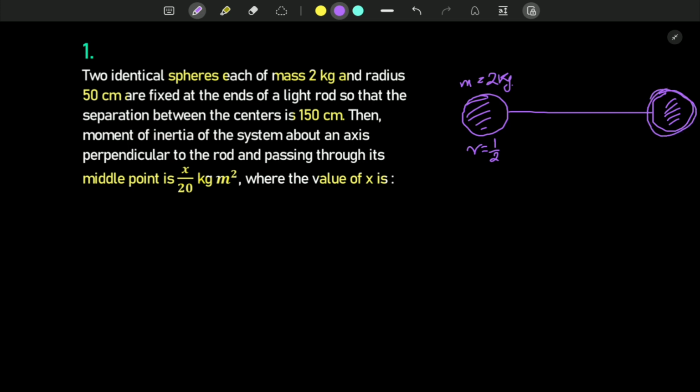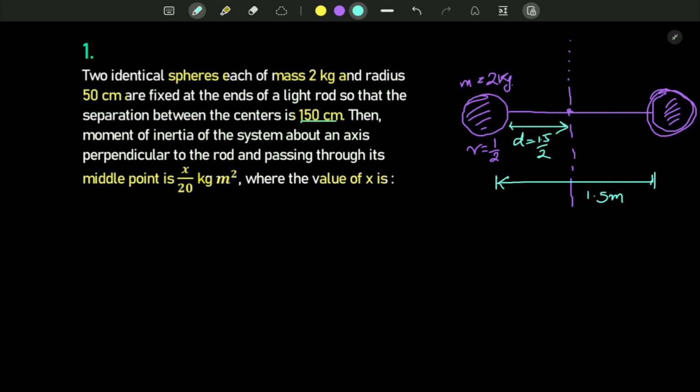I have to find the moment of inertia about this axis passing through the midpoint. This distance is given as 150 centimeter, so it is 1.5 meter. This small distance, let it be r. No, r is the radius, so let it be d. So d is 1.5 by 2.